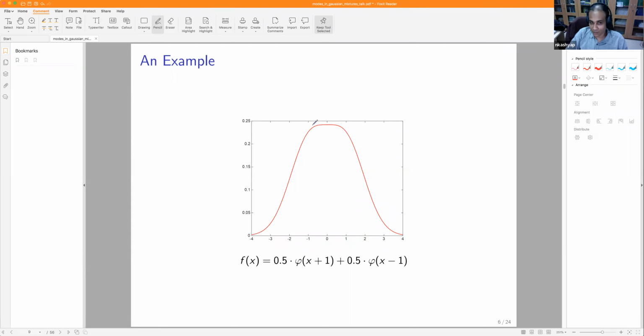It looks very, very flat, but it is still unimodal. The mode at x equal to 0 is only very, very slightly higher than anywhere between -1 and 1.